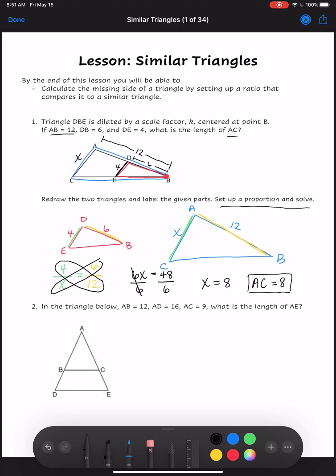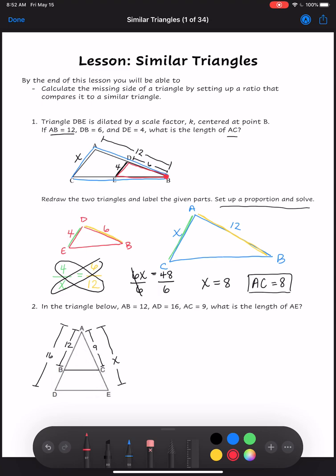Number 2, in the triangle below, AB is equal to 12. Right away I'm going to start labeling. So we have AB is 12. AD is 16, so that's this larger side over here. AC is equal to 9. What is the length of AE? So we don't know this side. Again, it's a confusing diagram when it's all overlapping, so we're going to redraw our triangles.